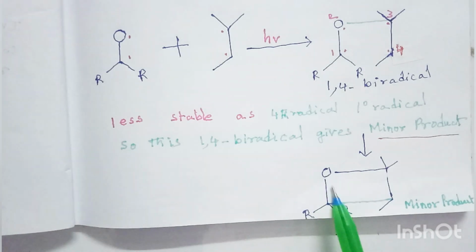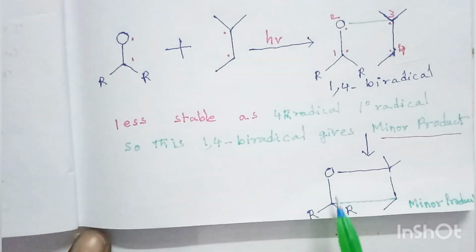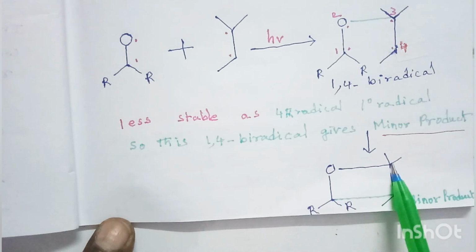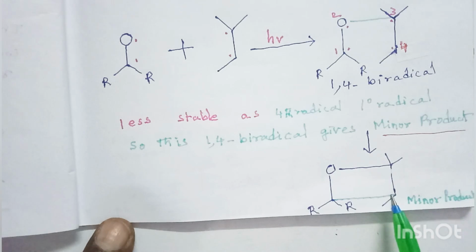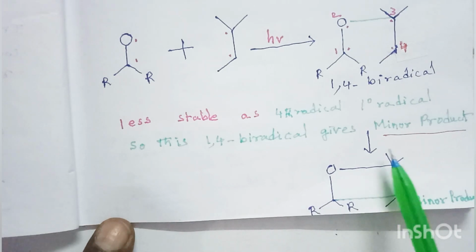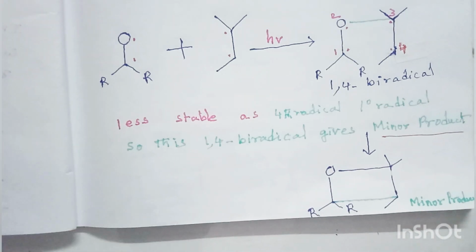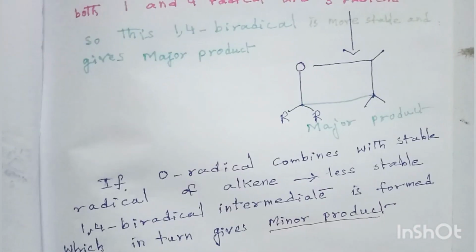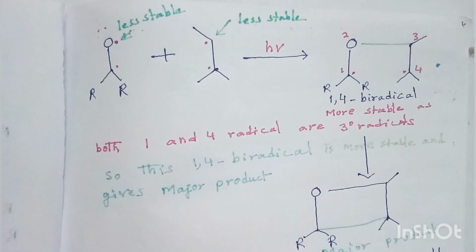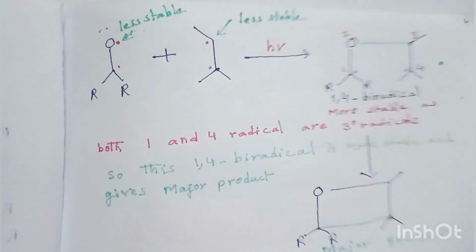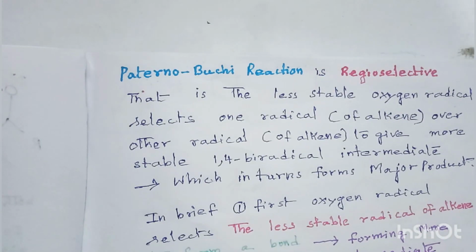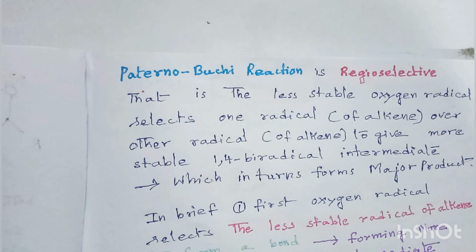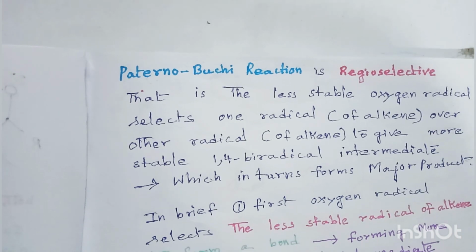See, this is the minor product. Oxygen, C, oxygen, C, R, R, this, and a CH3 here, 2 CH3s here. This is the minor product. So oxygen can combine either with the less stable radical of the alkene to give the major product, or the more stable radical of the alkene to give the minor product.